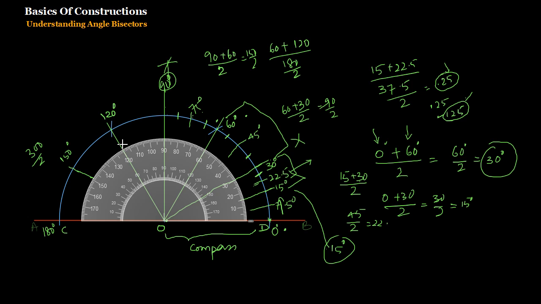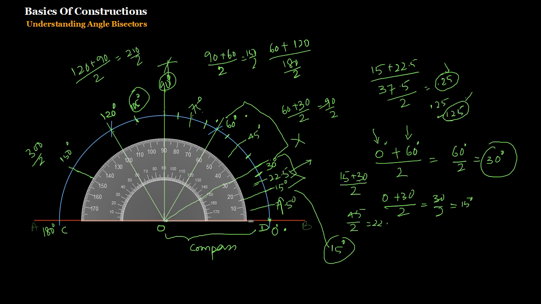Similarly, if I want to draw an angle between 90 and 120, that is 210 divided by 2, which is 105, somewhere around there. If I asked you to construct 105, you need to construct at least 90 and 120, then bisect these two angles to get 105.